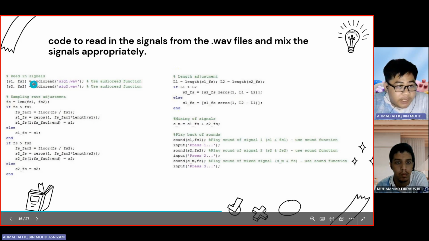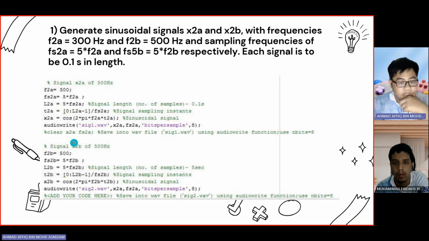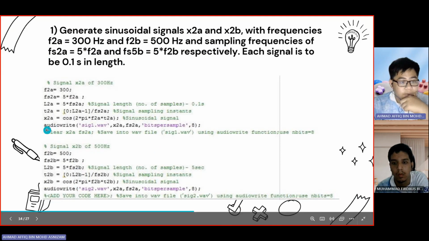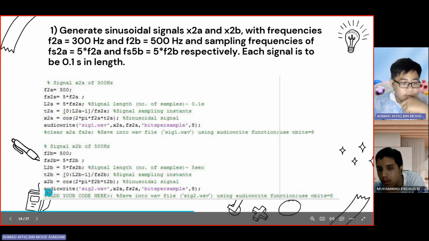First I read the audio files, sig1.wav and sig2.wav. Then I write the signal with audiowrite, with bits per sample 8.